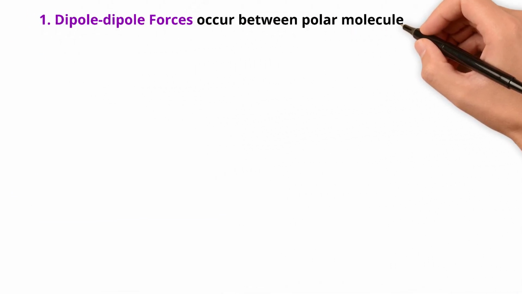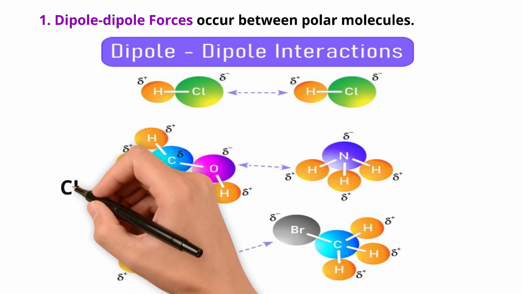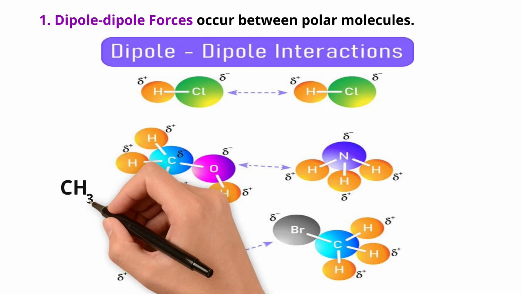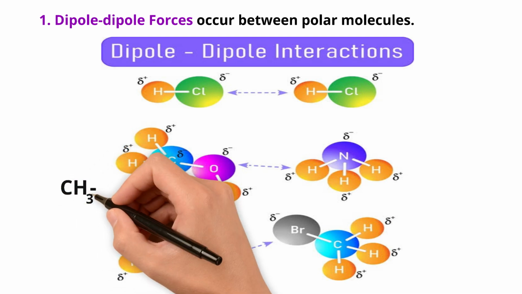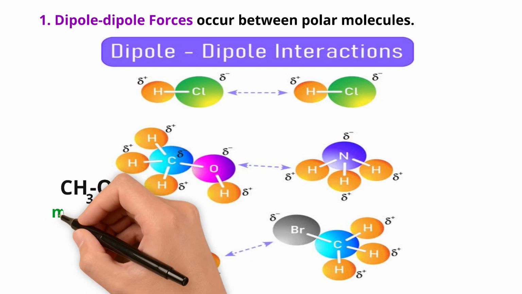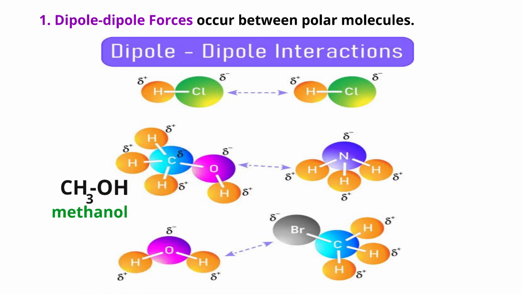Now let us start with dipole-dipole force. Dipole-dipole force occurs between polar molecules. The molecules may be identical or different, it doesn't matter. Now let us consider methanol. Methanol is a polar molecule, meaning there is charge separation, there is uneven distribution of electrons.